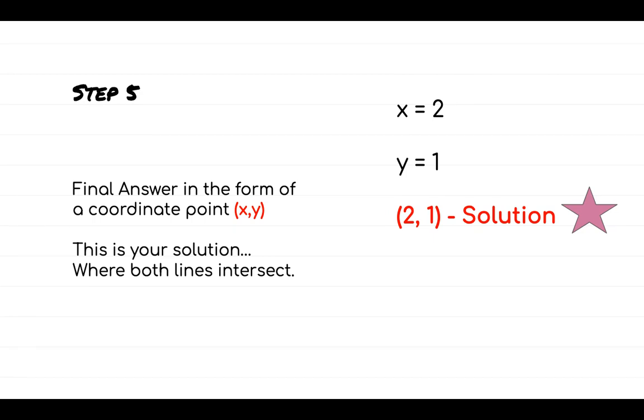Your final answer needs to be in the form of a coordinate point. This is where your lines intersect. This is where your lines meet. That is your solution: 2, 1. In this case, x is equal to 2, y equal to 1. So you need to find both values of the variables.